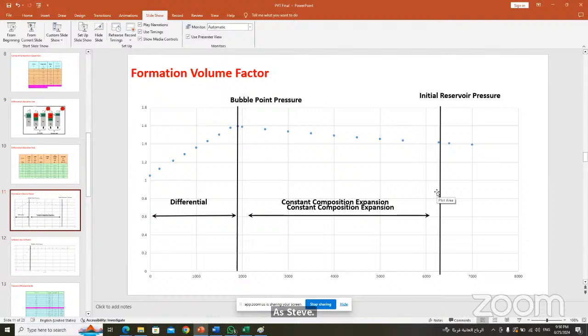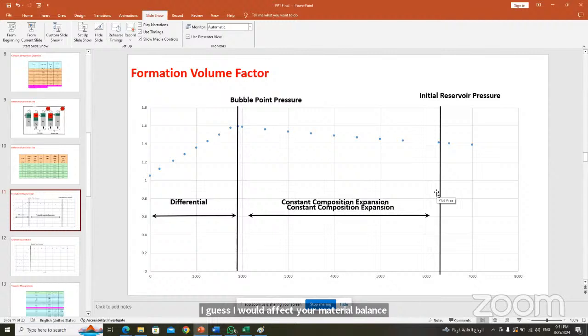So if you have a reservoir that's producing under depletion drive, if you don't have an aquifer, or you have a weak aquifer, this would affect your material balance calculation significantly.